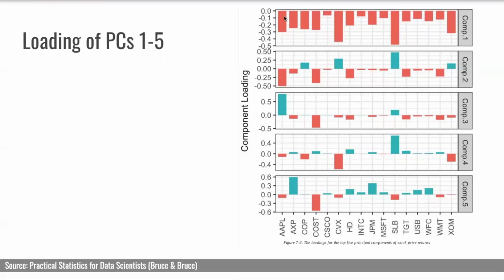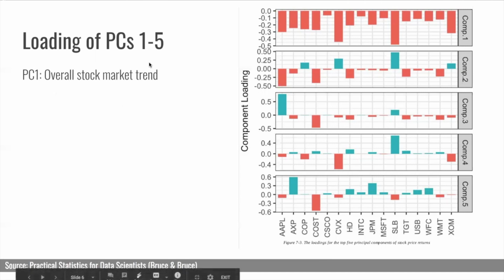So we can see that we have negative loadings across all of the stocks in the first principal component, but we start to see variability so that some stocks have positive loadings and some stocks have negative loadings, and these are determined when you calculate the principal components. And despite not telling PCA anything other than the stock prices, we can start to see what each principal component represents. Remember, each component is comprised of information across all of your features. So we can see that PC1 is the overall stock market trend.